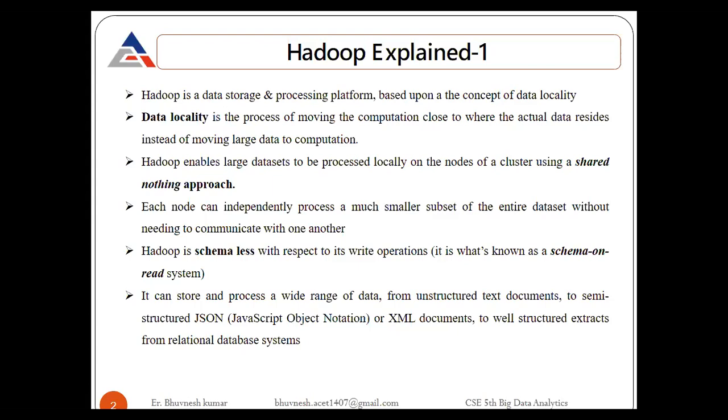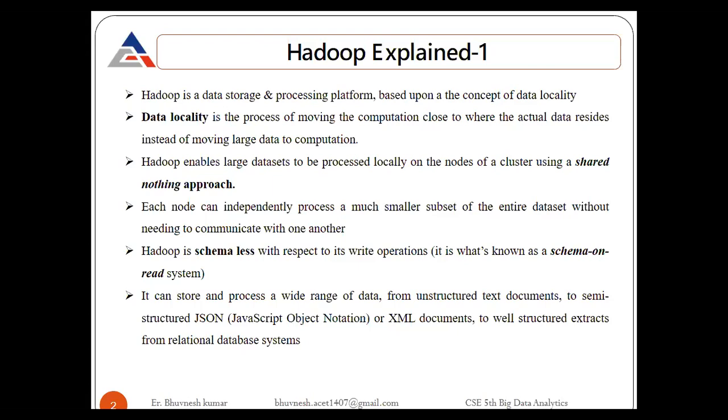On each server or each node, there is a framework installed, that is Hadoop. Each node independently processes a much smaller subset of the entire data set without needing to communicate with one another. They are performing their work without communicating with any other node.